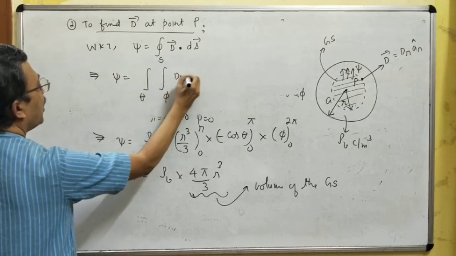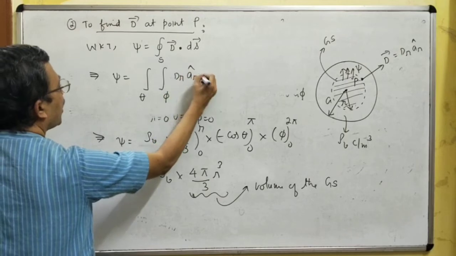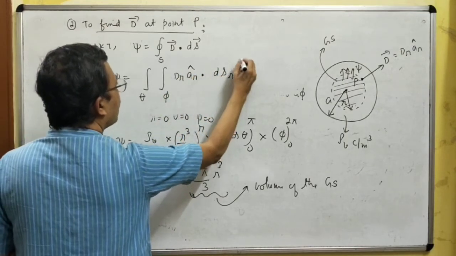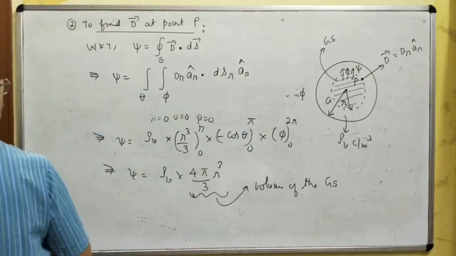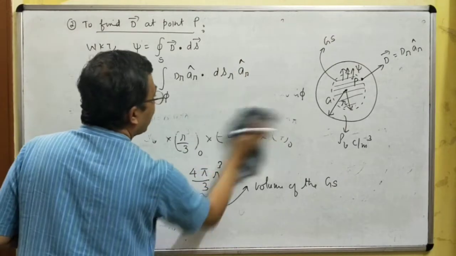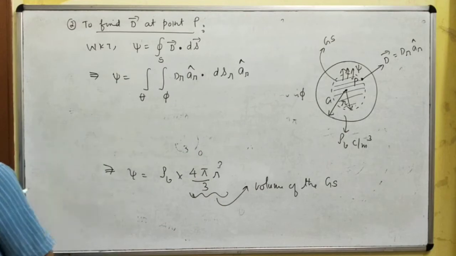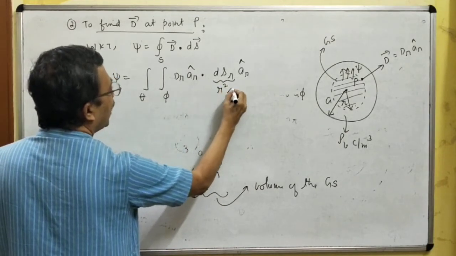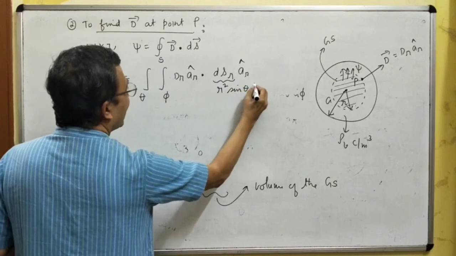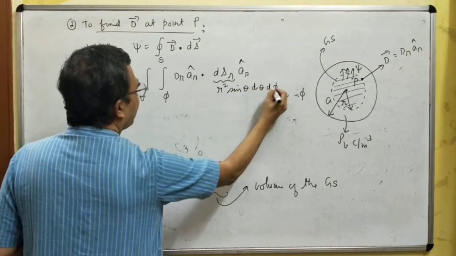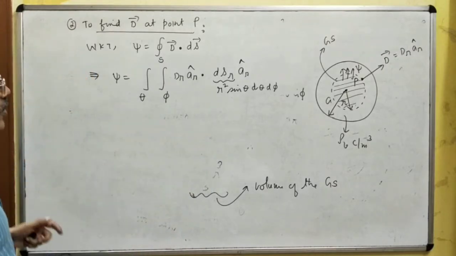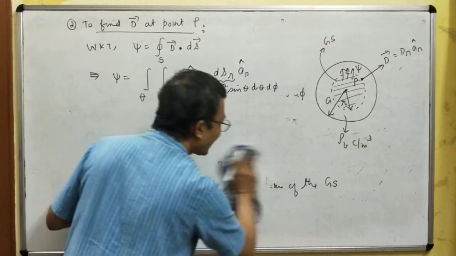What is vector D? Dr into ar cap. What is vector ds? dsr into ar cap. So ar cap dot ar cap is 1. What is dsr? dsr is nothing but r square sin theta d theta d phi, which is the product of dl2 and dl3.